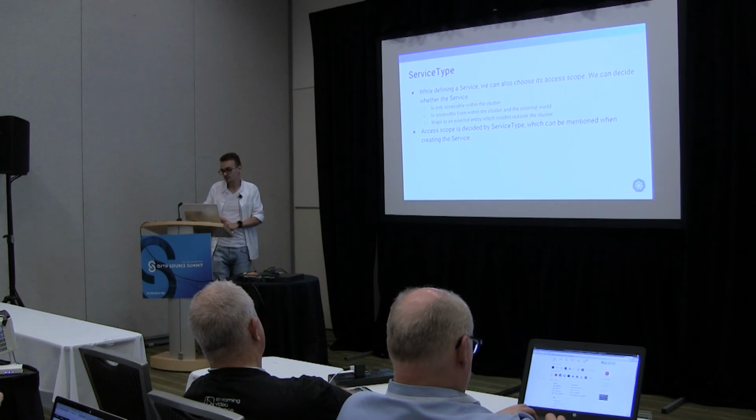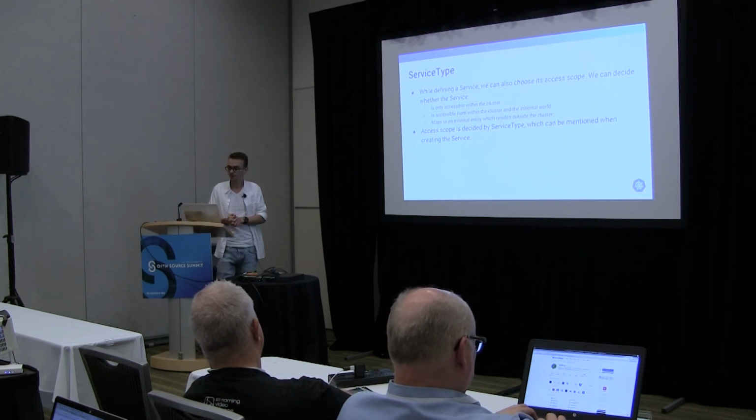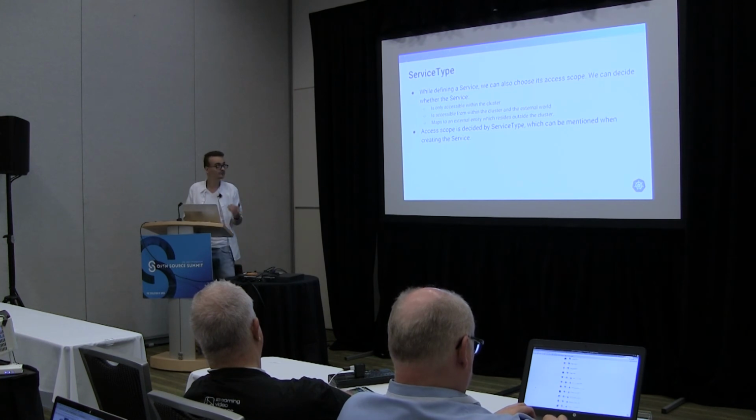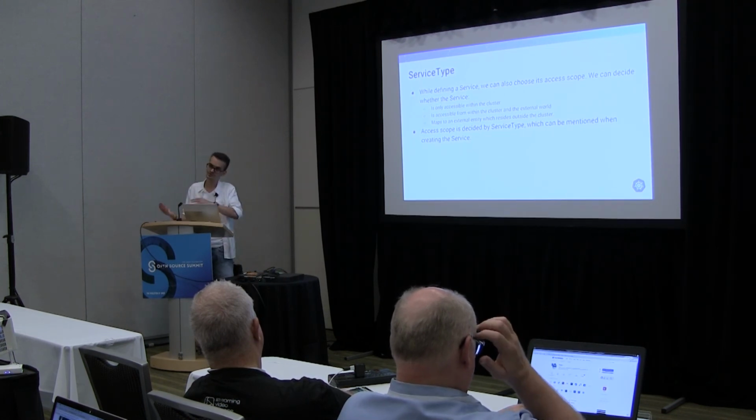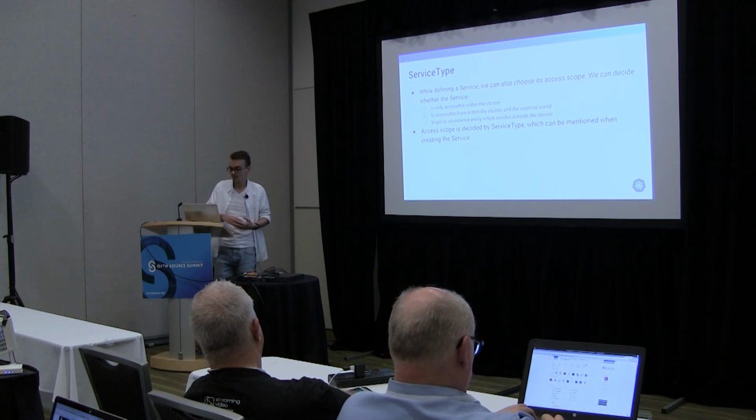Another object within Kubernetes is the service type. When we are defining the service, we can also choose its access scope. We can decide if the service should be accessible only within the cluster, or accessible from within the cluster and the external world, if you'd like to access these services from the external world.